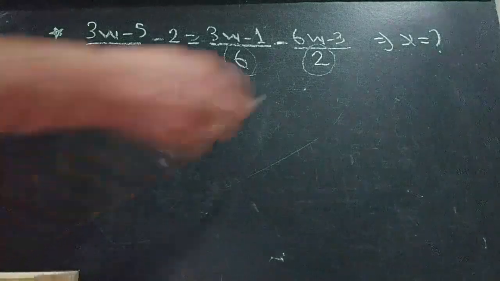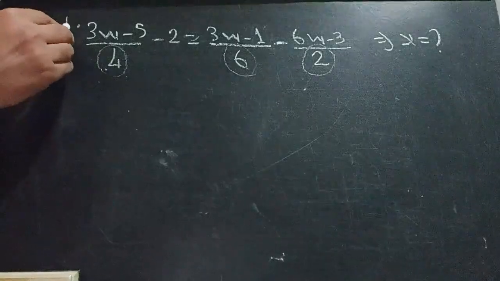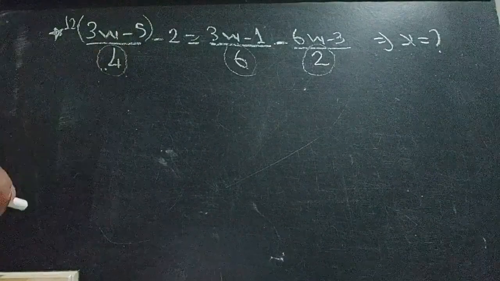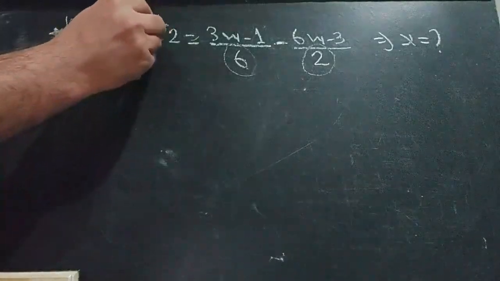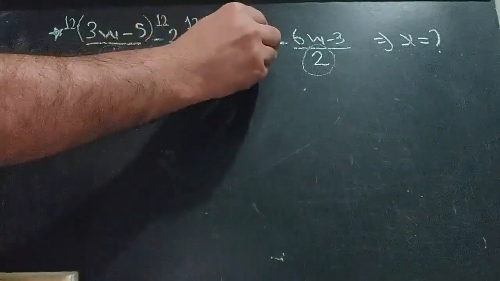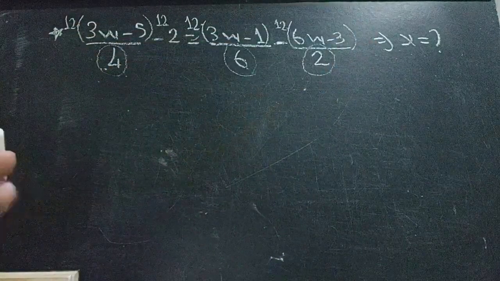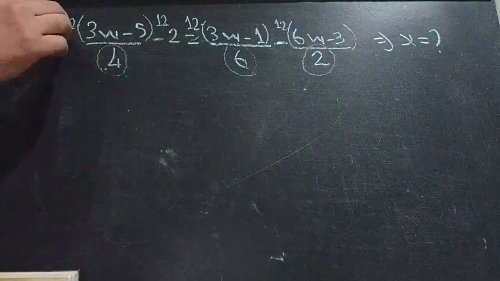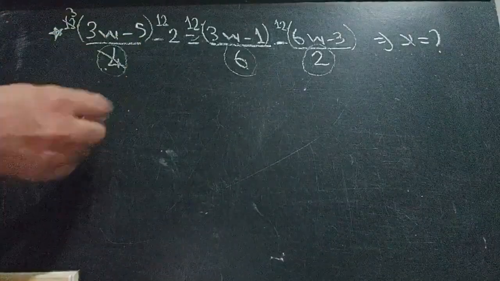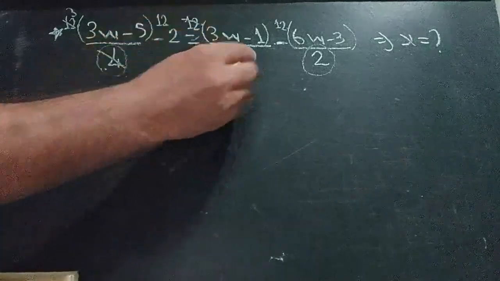Alright, we are going to multiply all terms by 12. Multiply by 12. By the way, multiplying this by 12. And this one multiplying by 12. And this expression multiply by 12. And this one multiply by 12. Okay, I need to simplify first. That will be 3. That will be 2.